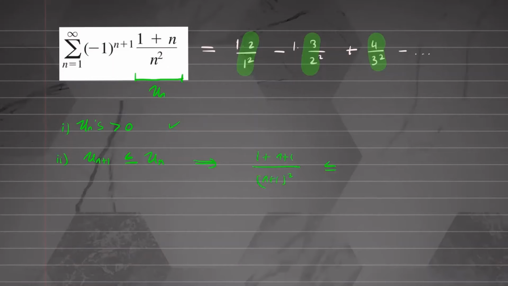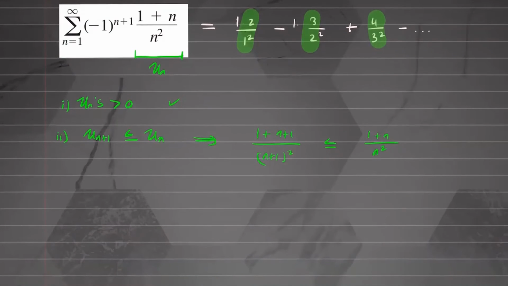Now is that less than or equal to u_n, that's (1 plus n) over n squared? So on the numerator, we get (2 plus n) over (n plus 1) squared. Is that less than or equal to (1 plus n) over n squared? Maybe it is difficult to see, but I would go with it is true.